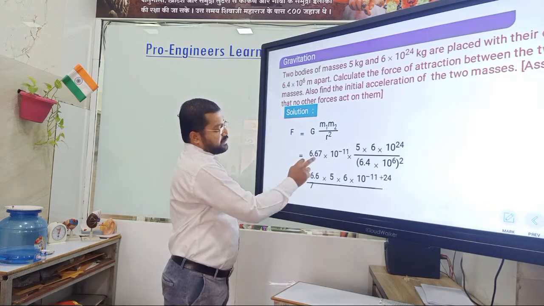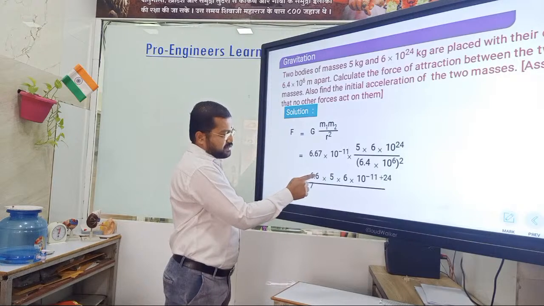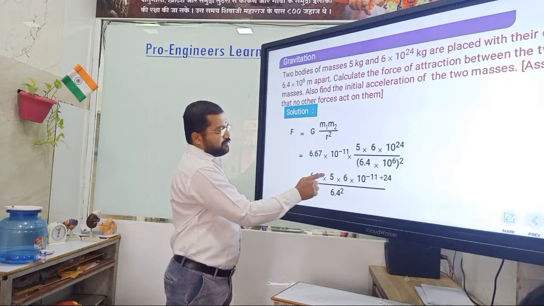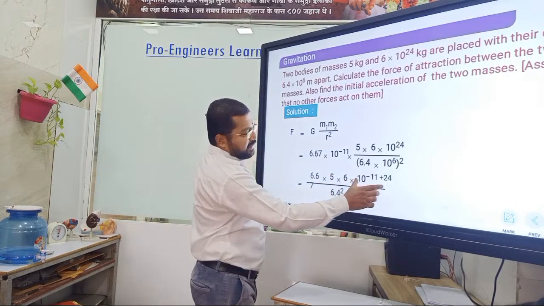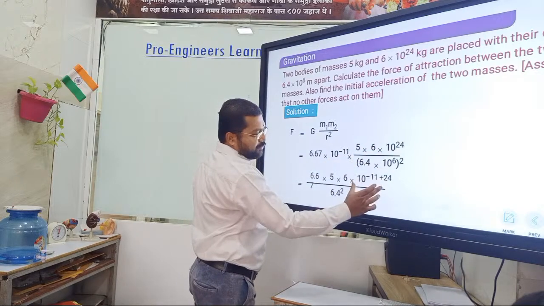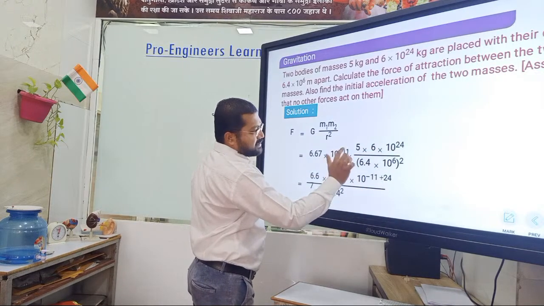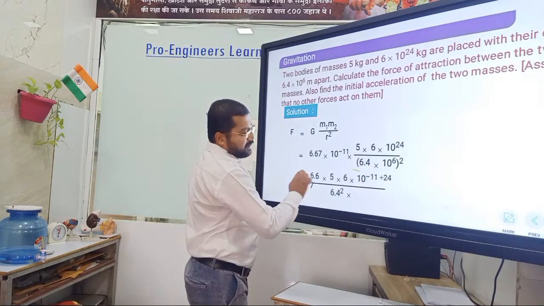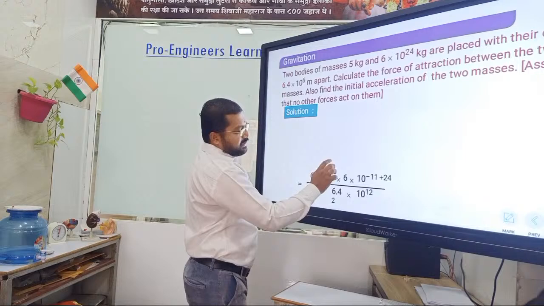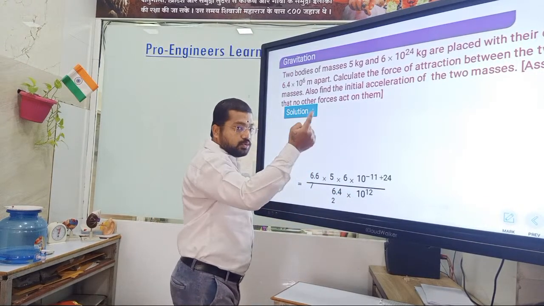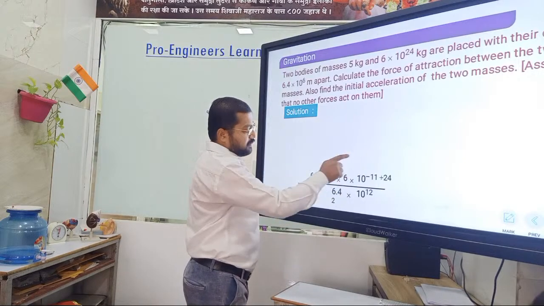6.67 is mistakenly printed as 7 at the bottom. So 6.67 into 5 into 6, and we have taken the powers aside: 10 raised to minus 11 and 10 raised to 24 together, so minus 11 plus 24, over 6.4 square, and the power 10 raised to 6 raised to 2, so 6 2s are 12.